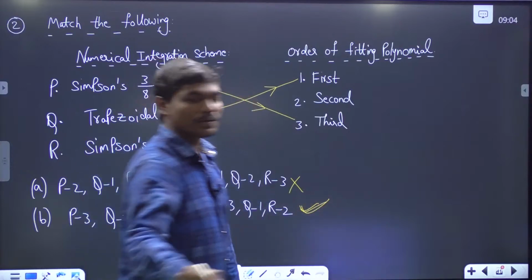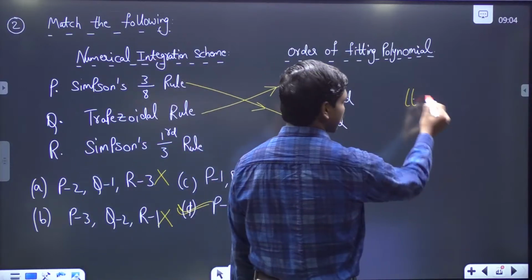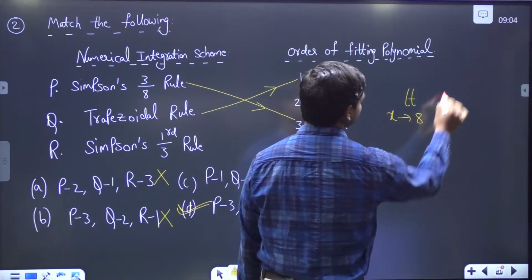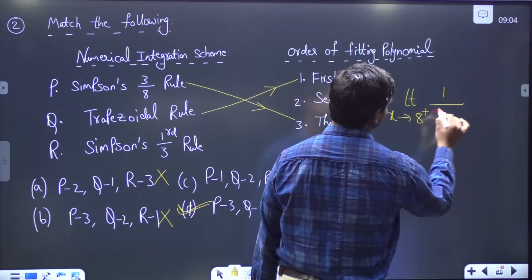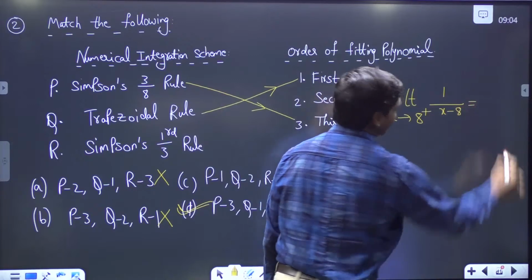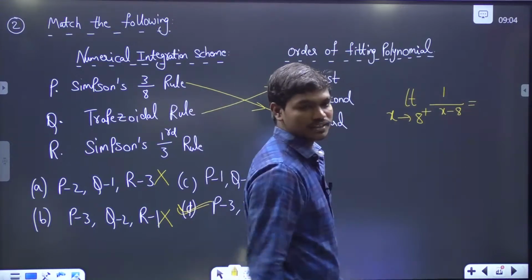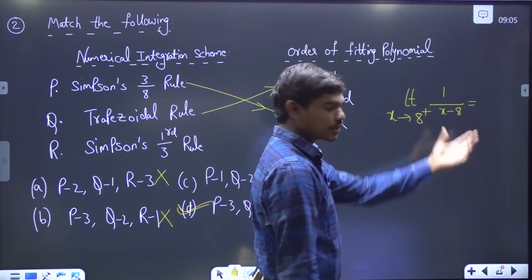Once in an IIT JEE class, I was teaching for IIT JEE 2 years back. The question I gave them was, what is the answer for this? Limit x tends to 8 plus 1 by x minus 8. What's the answer of this limit?